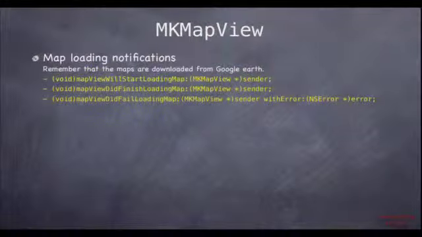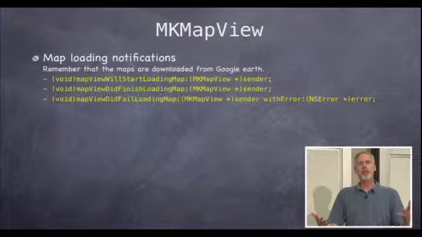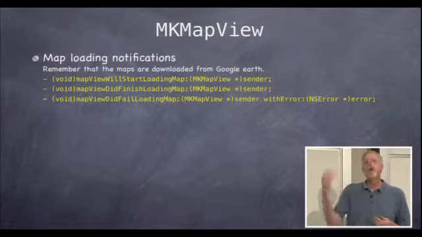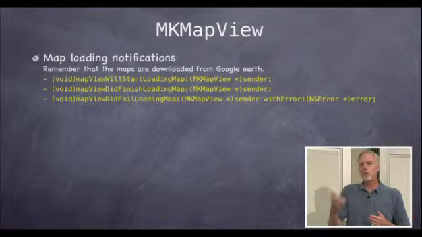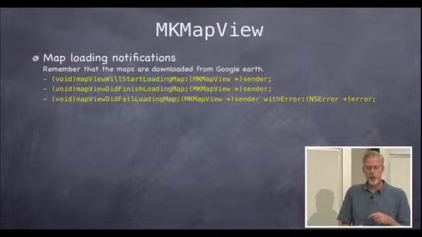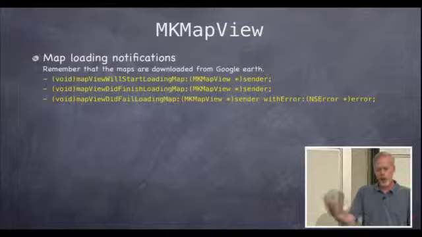You get notifications to your delegate when the map starts loading. Remember that the entire world's satellite imagery is not on your phone. Okay, so when you scroll around, it's downloading from Google Maps all the map information. Okay, so it kind of comes in tiles, and so this will tell you when it starts going back out to the network for more, and when it finishes.